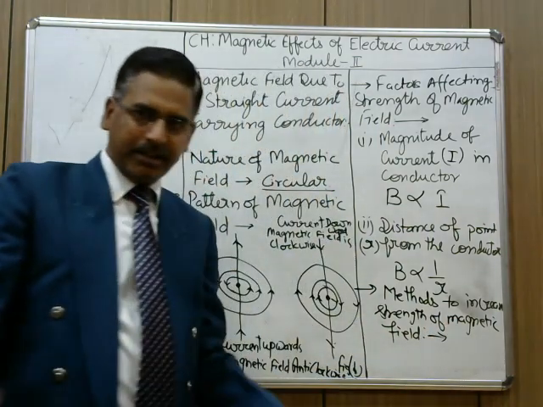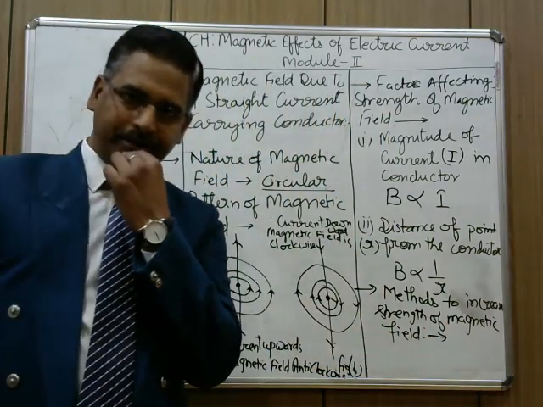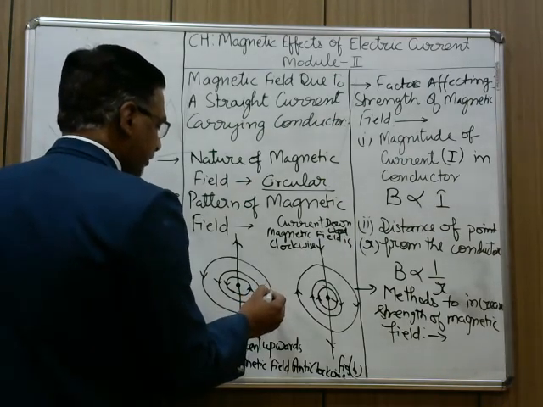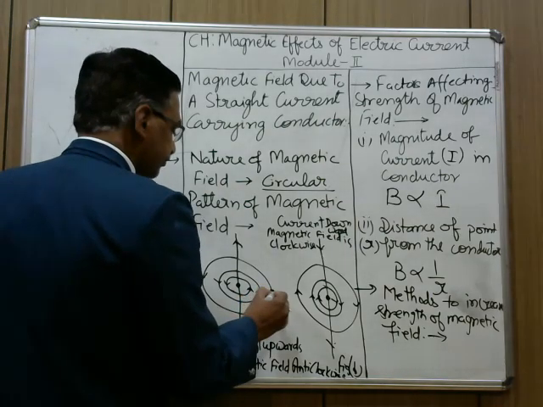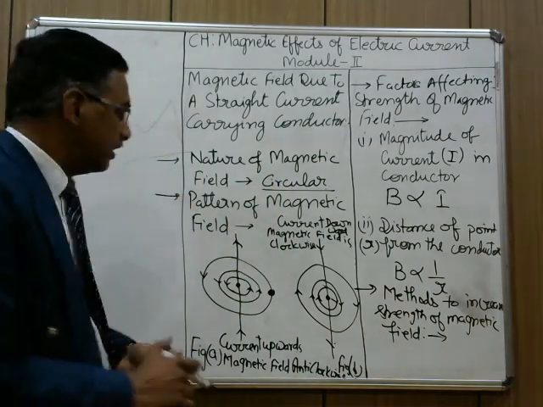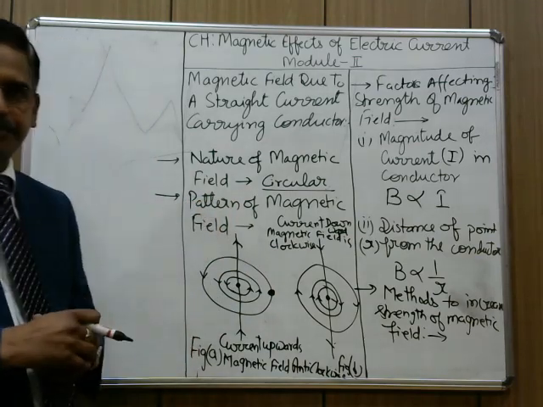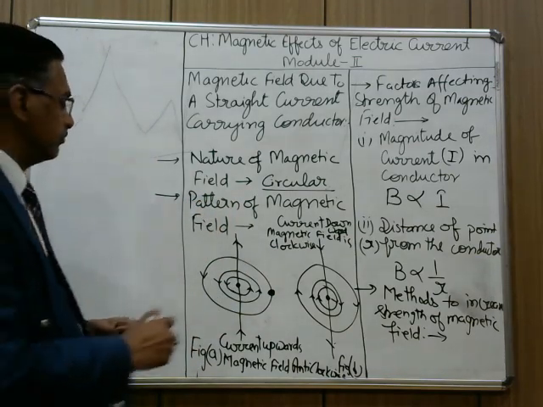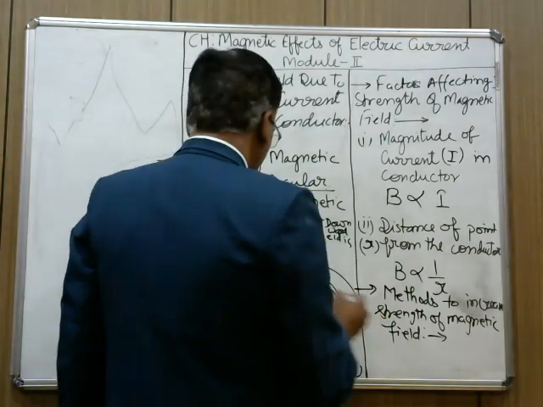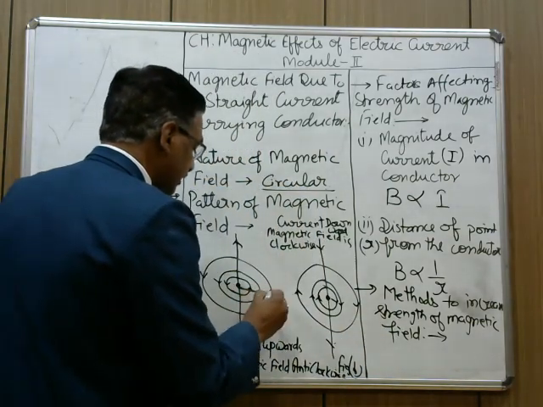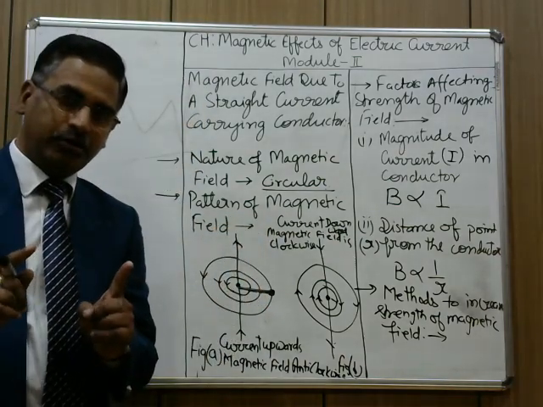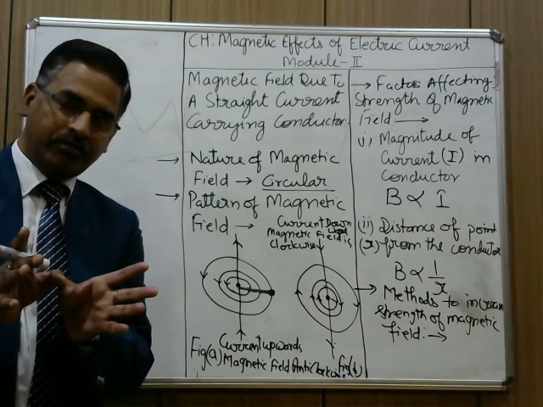Now you will be finding it easy, but it is not so easy. Suppose I am checking the magnetic field at this point, and I have to increase the magnetic field at this point. Clear? Then the distance from the conductor has been fixed. You cannot change the distance.